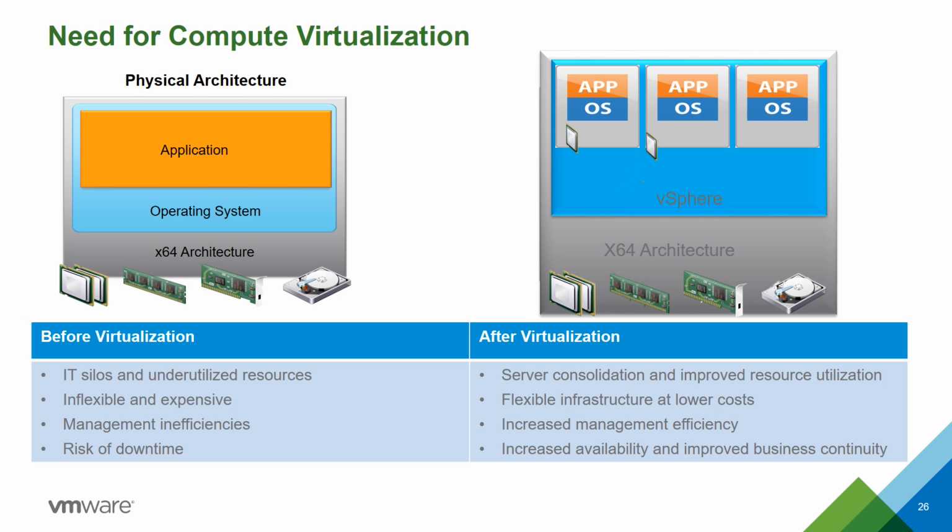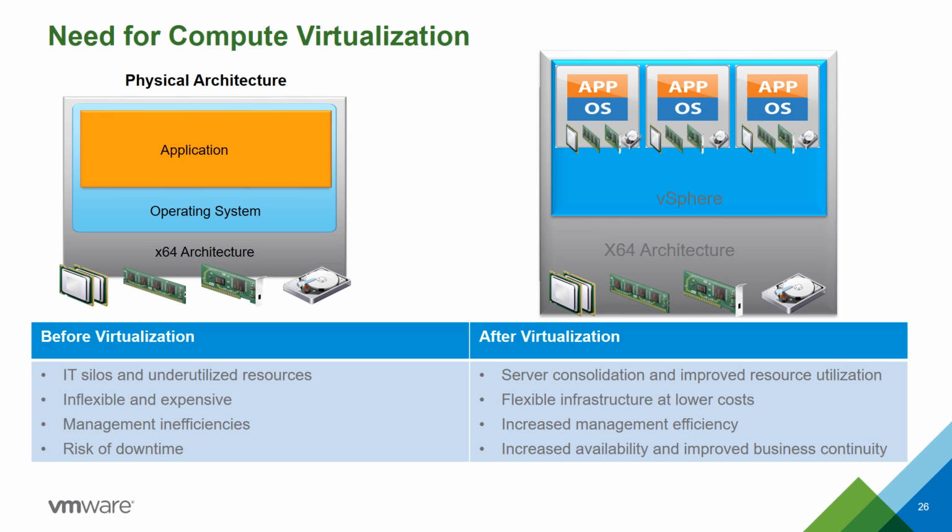So here is a slide which talks about whatever I explained so far. Before virtualization, you have a lot of IT silos and underutilized resources, inflexible and expensive infrastructure, management inefficiency, and risk of downtime, which is a big factor.